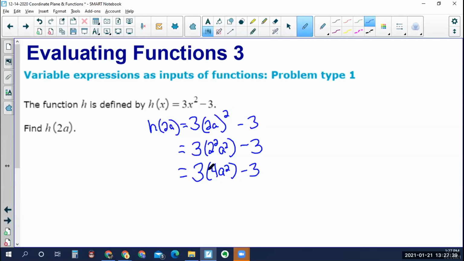And the last thing I can do here is, it's really the same thing as just saying this. And so we know how to do 3 times 4. So we can turn that into a 12, and the new coefficient for a squared turns out to be a 12. 12a squared, take away 3. Again, these aren't like terms, so I can't combine a 12a squared with that minus 3 part.